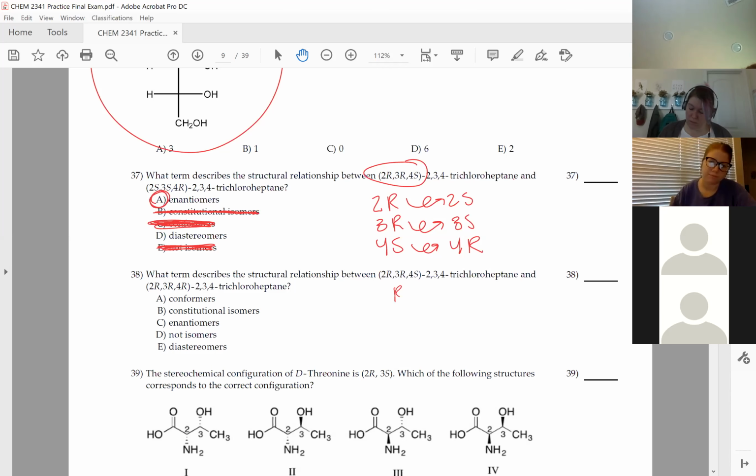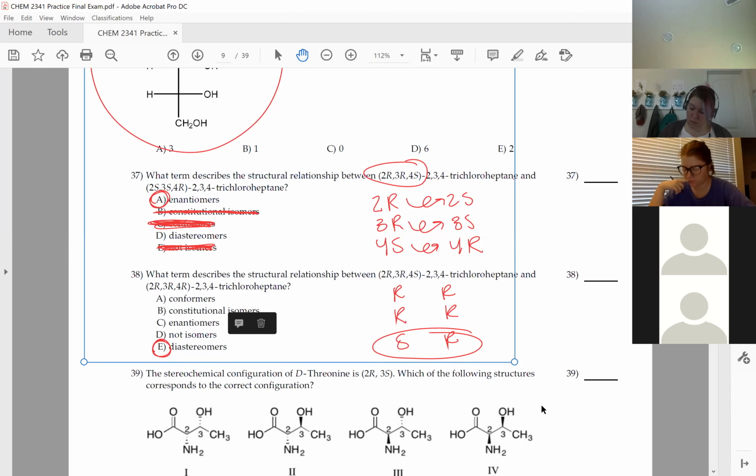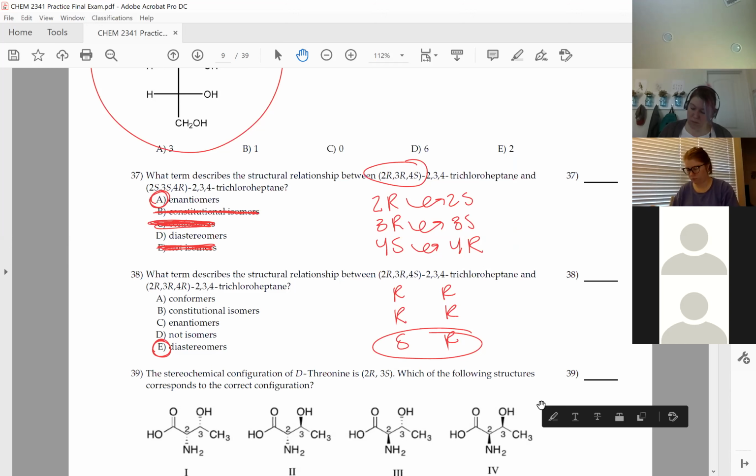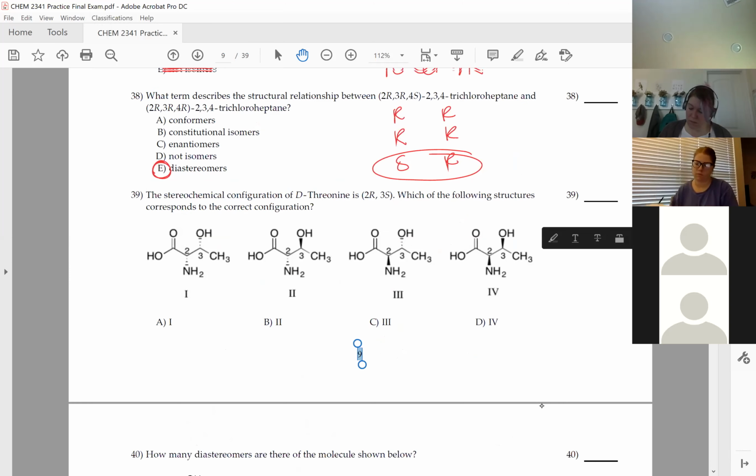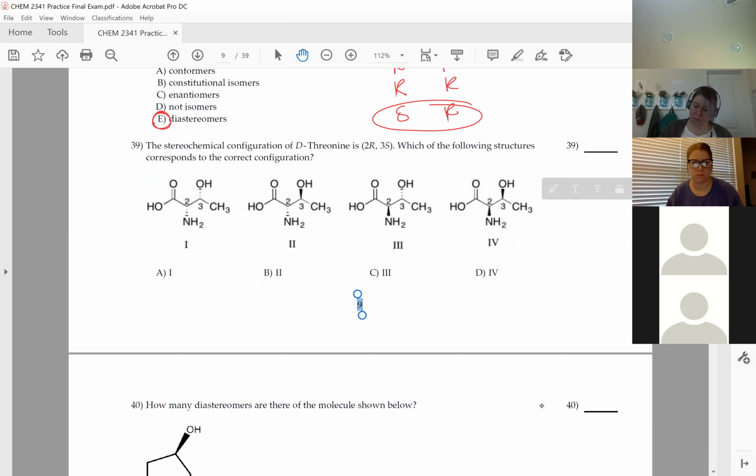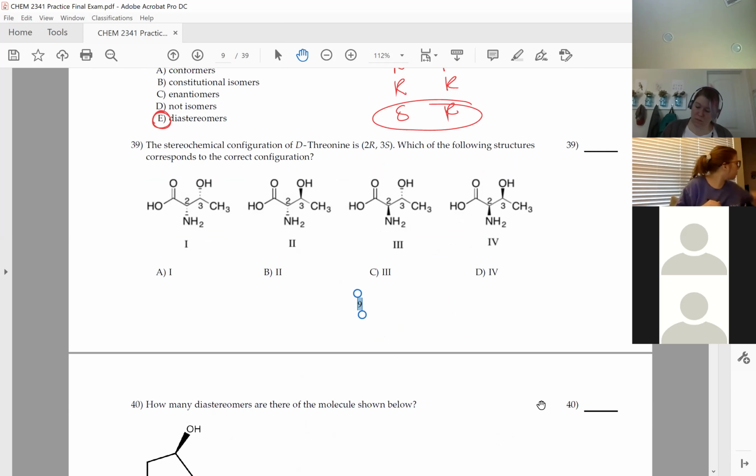So R, R, S versus R, R, R. We flipped only one of them. These have to be diastereomers. So this is one where you just have to identify the stereochemical designation.